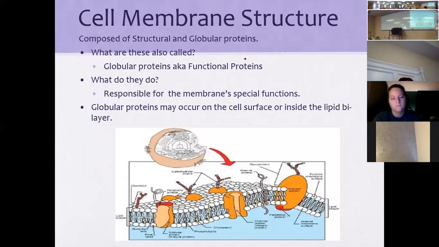So here we have a great picture of a cell membrane. It almost looks like marshmallows floating on the top of a hot cocoa, the heads, the hydrophilic heads. But we can see that there's stuff wedged in there.